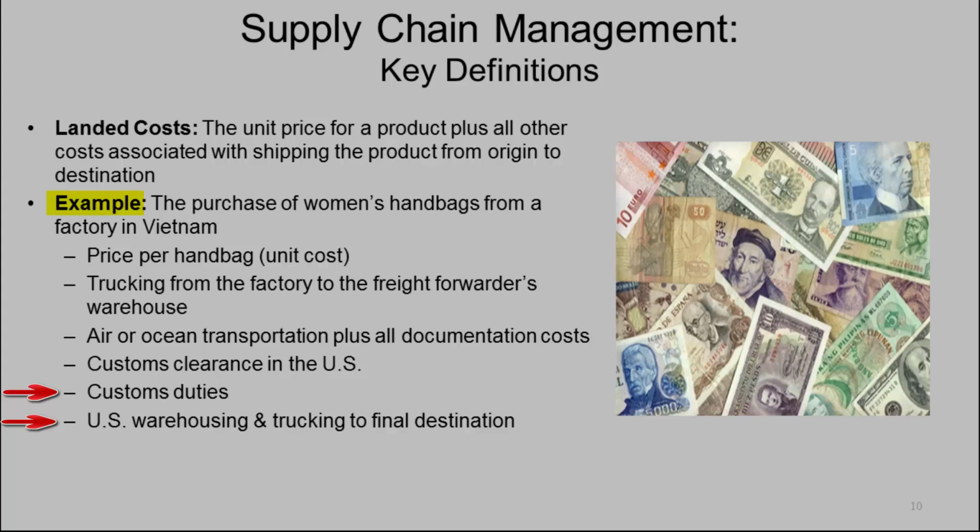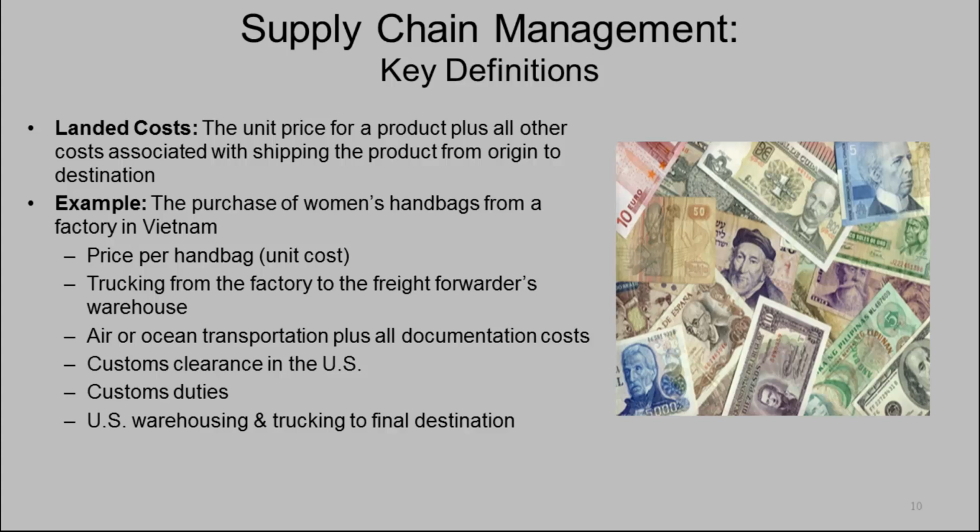The trick and the challenge around landed costs is being able to prorate all of these expenses on a per unit, or in this case, a per handbag basis. So if we have a 40-foot ocean container that has 10,000 handbags in it, and the ocean transportation from Vietnam to the west coast of the United States is $3,000, what does that work out to on a per unit basis?